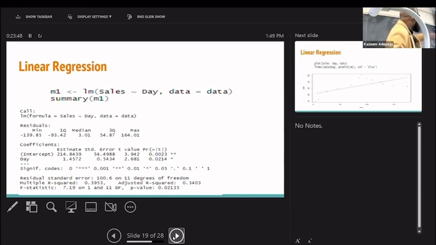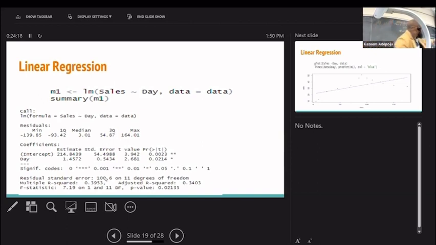Now, when I do that, I want you to pay attention to the R squared. What happened to the R squared when you only use linear regression, sales on day, particularly when you are working with time series data, the behavior in some period may be different. The behavior of sales in some period may be different from the behavior in another period.